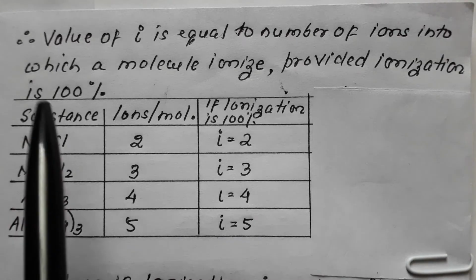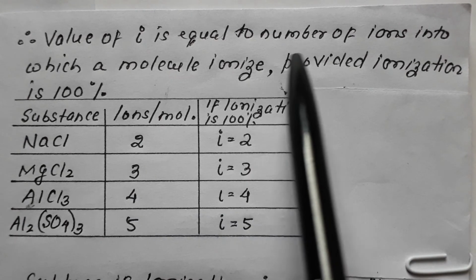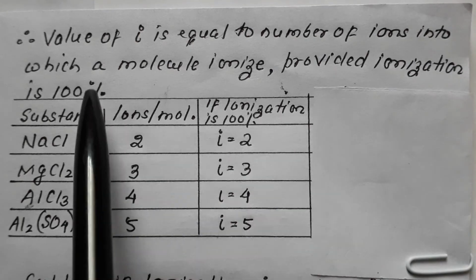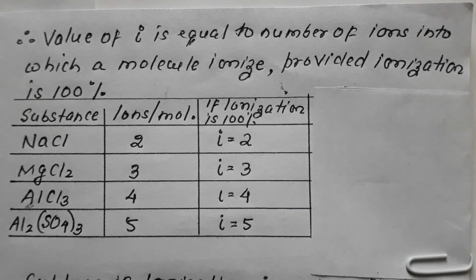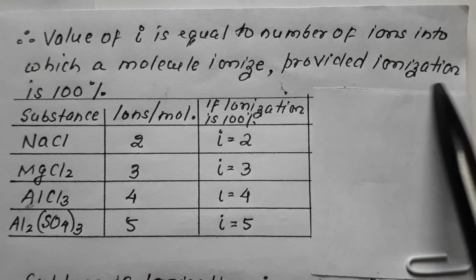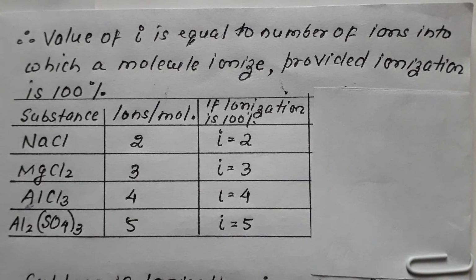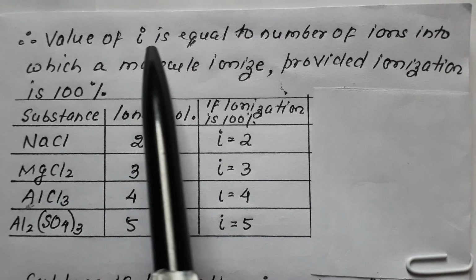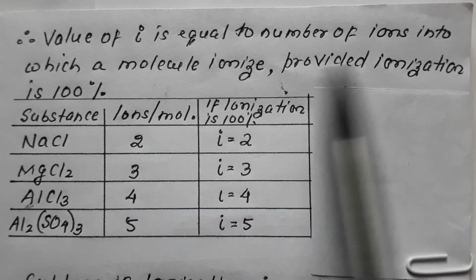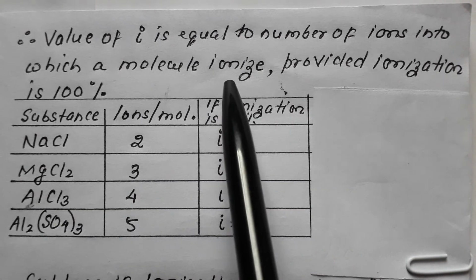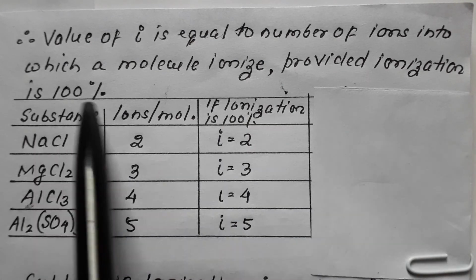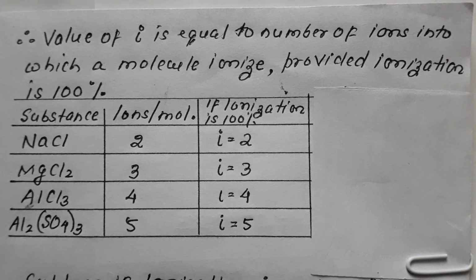Therefore we say that the value of i is equal to the number of ions into which a molecule ionizes, provided the ionization is 100%.